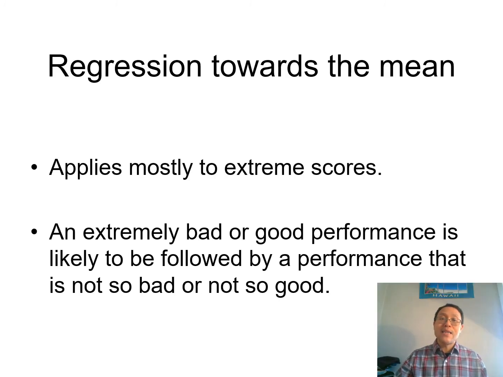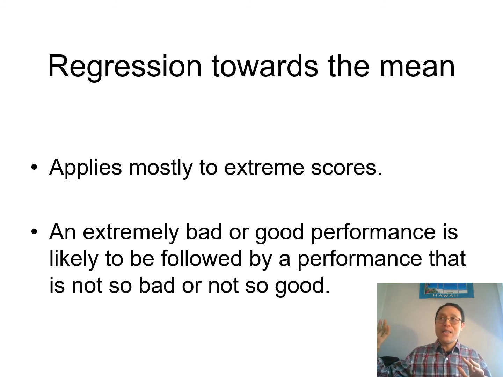Okay. And the next one is regression towards the mean. This only applies to extreme scores. Imagine that you got a perfect score on your GRE, and let's say you take it again. What's the likelihood that you're going to get the perfect score on the GRE again, right? So you can see that there is a regression towards the mean, because this is such an extraordinary event.